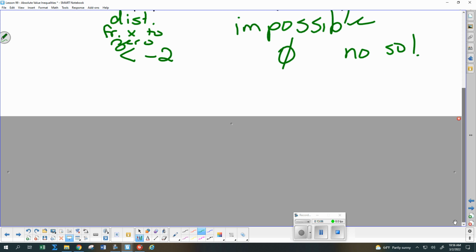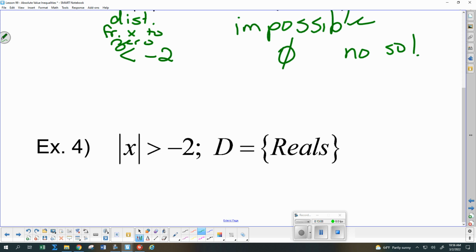Okay, what if I had the absolute value is greater than -2? That is saying the distance from X to 0 is more than -2. When's that going to happen? What are you thinking, Charlotte?